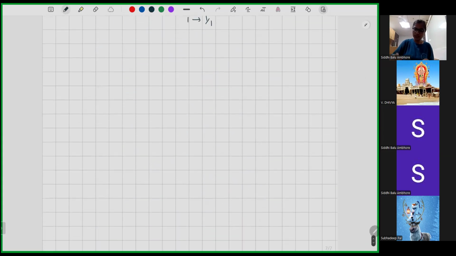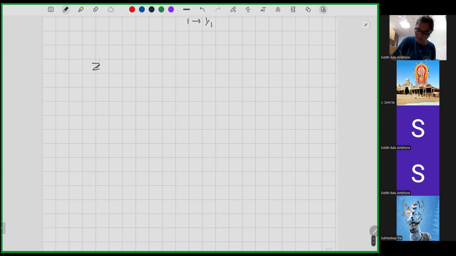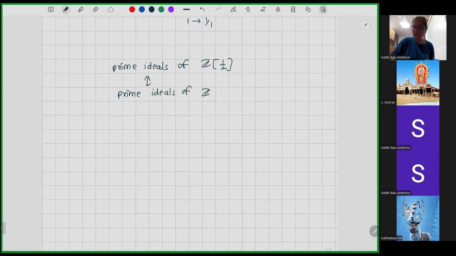Okay, so that's the results which we have, and so we have to see how this takes off. So in short, prime ideals of Z[1/2] are in one-to-one correspondence with prime ideals of Z such that it does not contain 2, right?